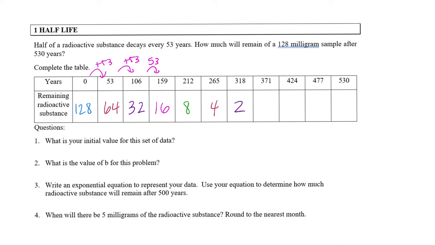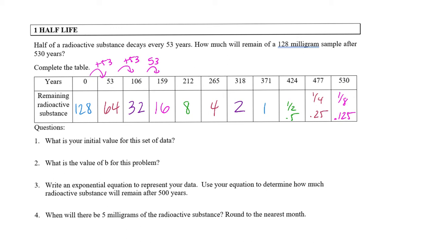Half of 4 is 2. Half of 2 is 1. Half of 1 is going to be a half or 0.5, whichever one you prefer to use. Half of a half is a fourth, or 0.25, and half of a fourth is an eighth, or 0.125. You can use either the decimal or the fraction form, whichever one is best for you.